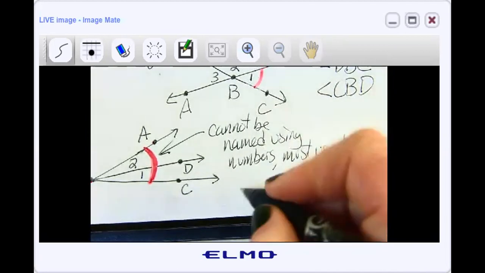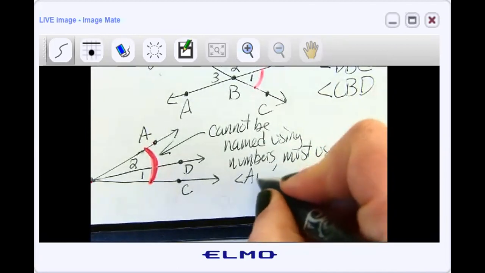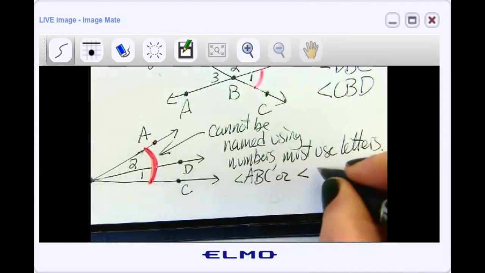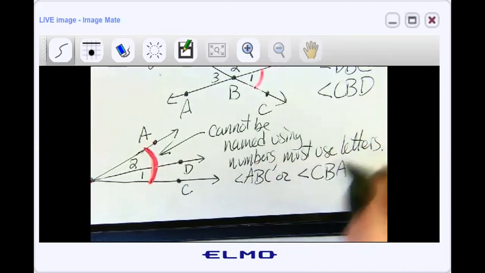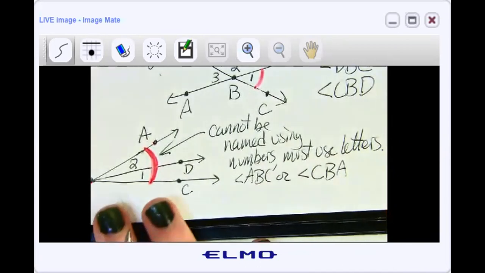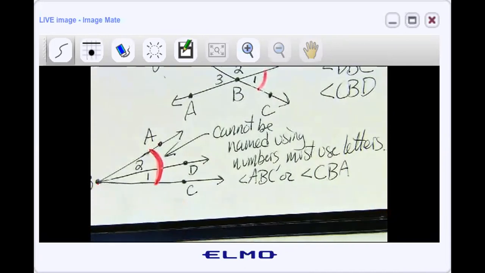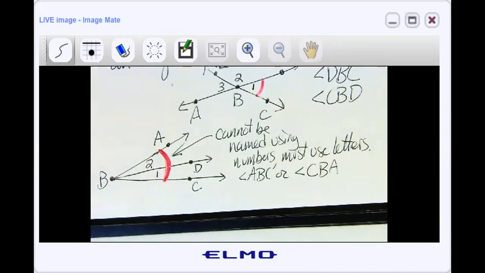Okay, so that red angle could be angle ABC, or you can go backwards, CBA. All right, so that's really my only downside to using numbers: I can't use numbers 100% of the time. It doesn't work like that.